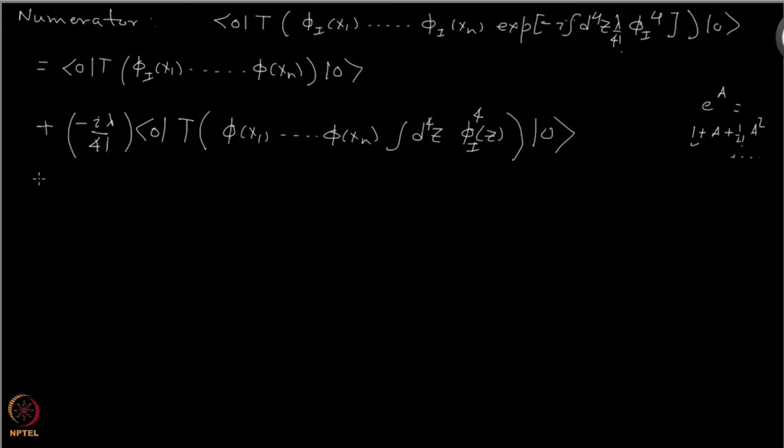Similarly, if you proceed to the nth term in this expansion, you get minus i lambda over 4 factorial raised to the power n, times 1 over n factorial, which comes because of the exponential. This is 1 over 2 factorial, 1 over 3 factorial for the next term, and so forth. I am forgetting to put i here.